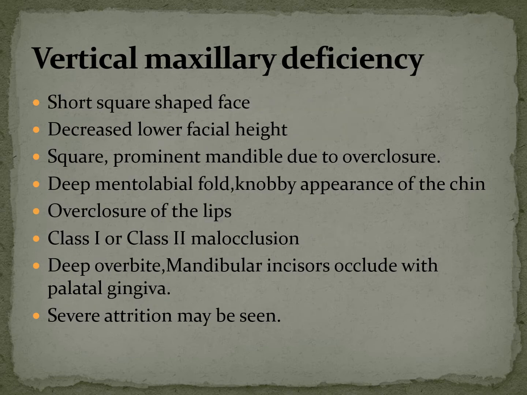When you go for maxillary deficiency, you can see short square shaped face, decreased lower facial height required for mandibular due to the overclosure, deep labiomental fold, overclosure of the lips, class 1 or class 2 malocclusion, deep overbite, mandibular incisors attrition.